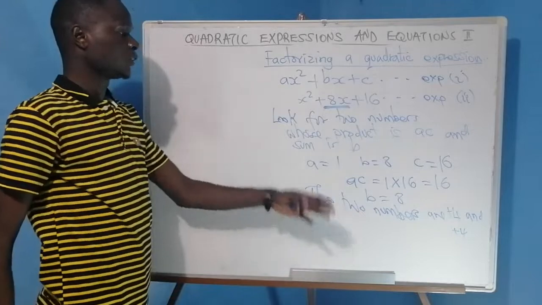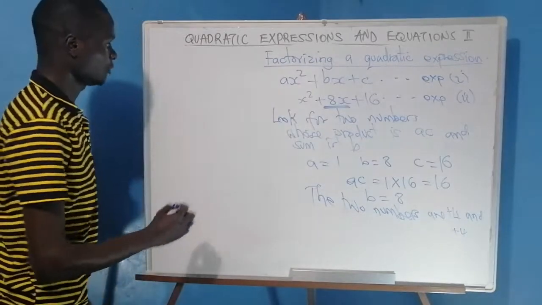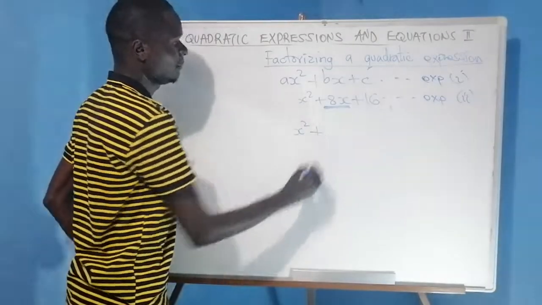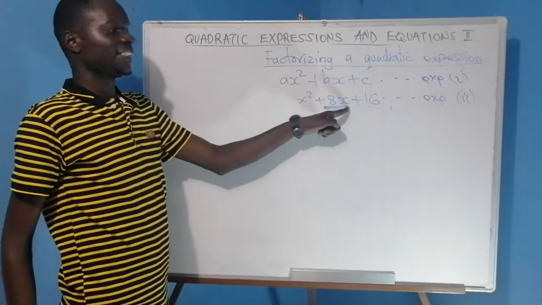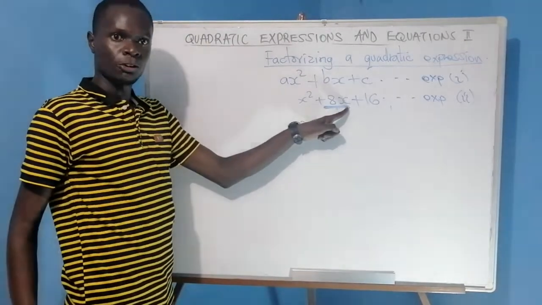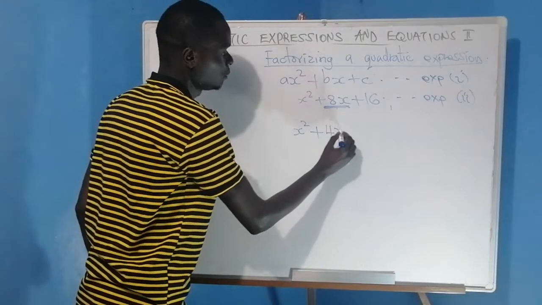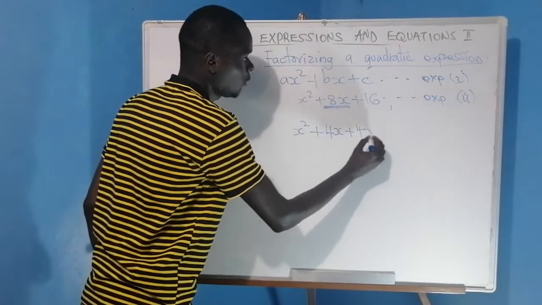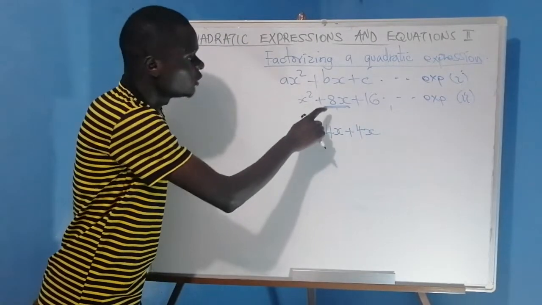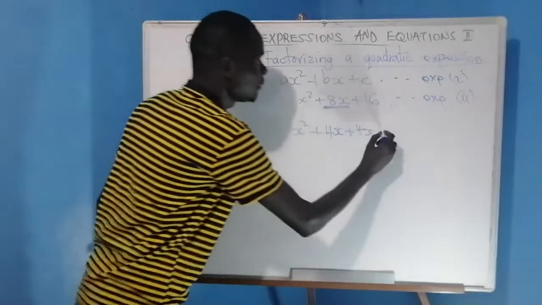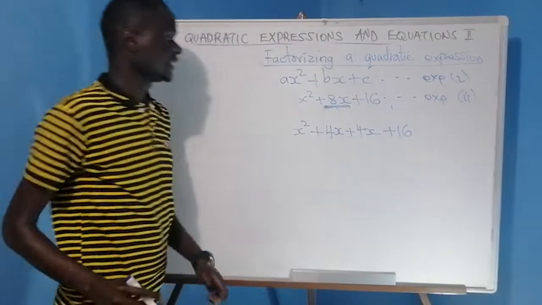So we replace those two numbers here. So what are we going to have? X squared plus 8x. Remember, the two numbers were positive 4 and positive 4, so we are going to write them instead of 8. So this is going to be 4x plus 4x, which is just equivalent to the 8x that we have, then plus 16.